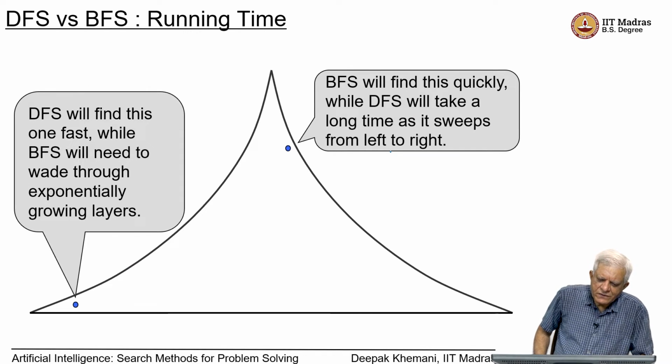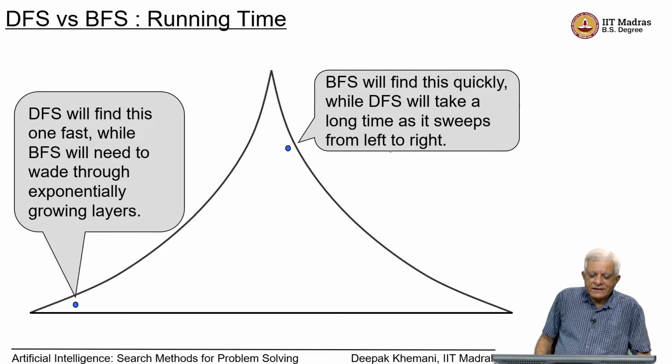So, what should be the running time? How long will each of these algorithms take to find the goal node essentially? In this schematic diagram, I have drawn something which looks like an exponentially growing search tree, and since you know the behavior of these two algorithms by now, we can see that the left hand side shows a goal node, which depth first search will find faster essentially.